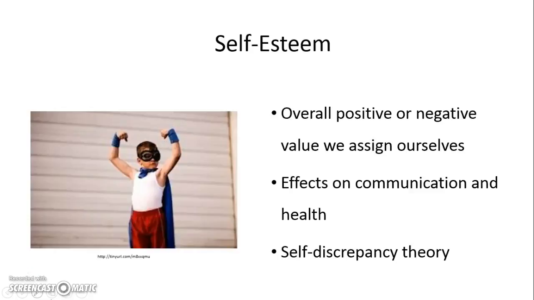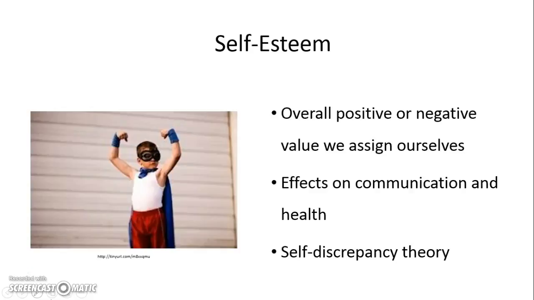Now this brings us to our next theory, the self-discrepancy theory. So we have our ideas of who we should be, the ideal, the very perfect self that we all want to be. But then there's also the ought, who other people tell us we should become.